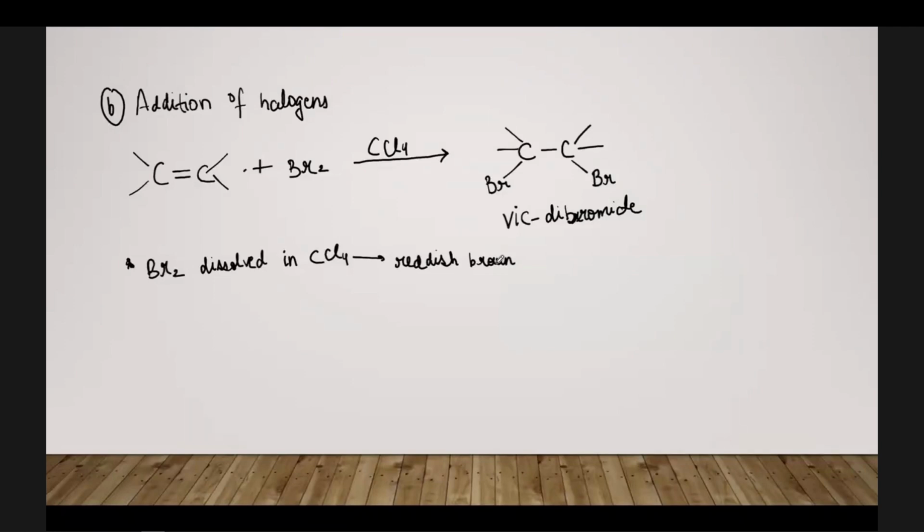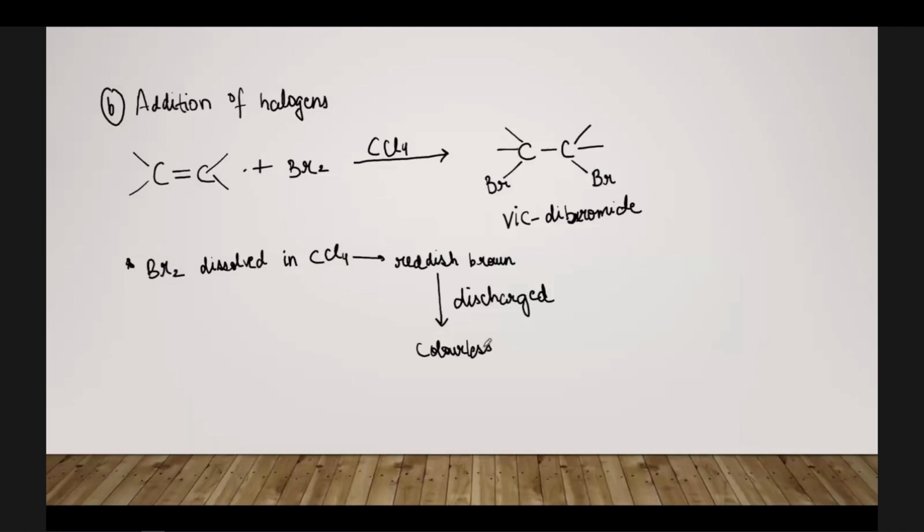I mean this product is colorless. So when the reaction happens, this reddish brown color is discharged. Discharge means this reddish brown color disappears and we get a colorless product. ठीक है, so that is used as a laboratory test.